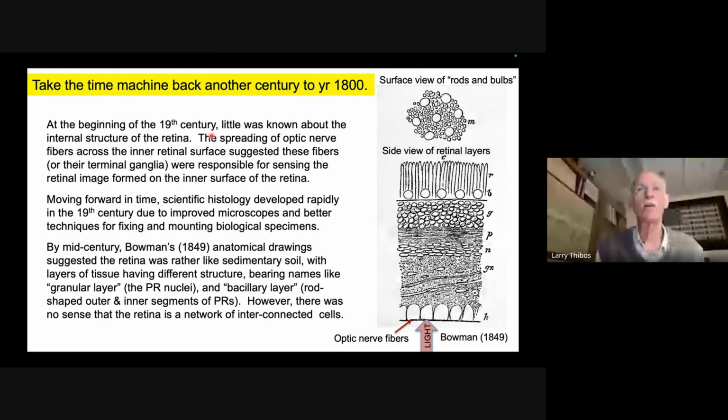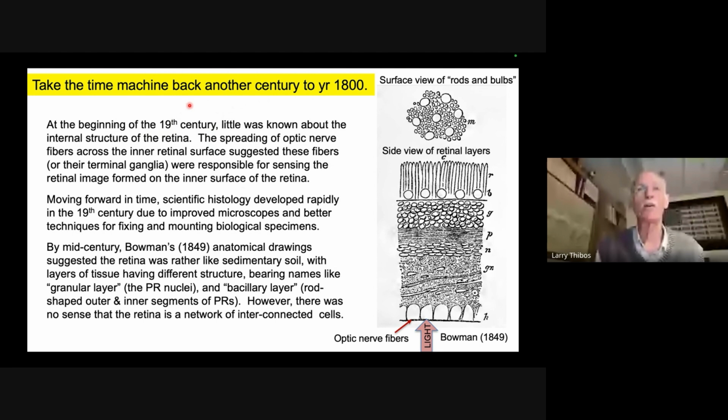Now let's take the time machine back another 100 years, go back to 1800. What is life like then? Well, at the beginning of the 19th century, very little was known about the internal structure of the retina, primarily because of the poor optical quality of microscopes.